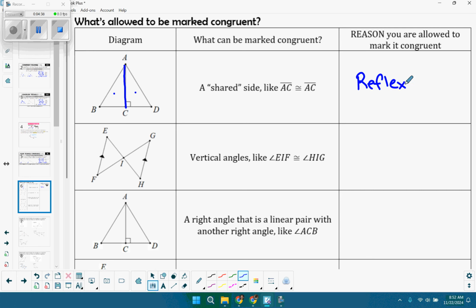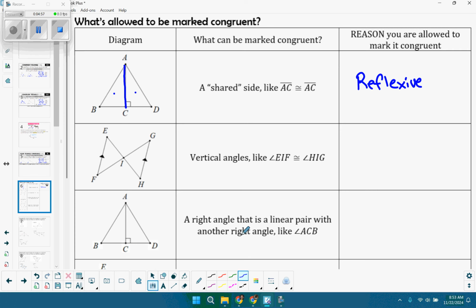So a shared side is really a reflexive side, and we're always allowed to say that that's congruent without them having to tell us that we need to say it. We do need to make sure we mark it and say it if we're doing a proof, but it's not something that needs to be given to us or pre-marked for us.